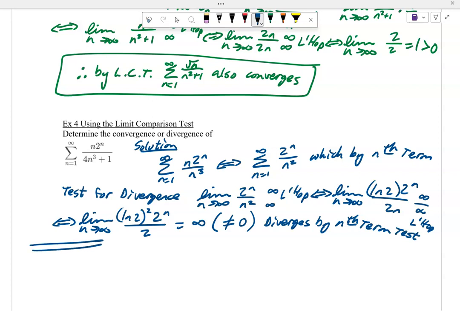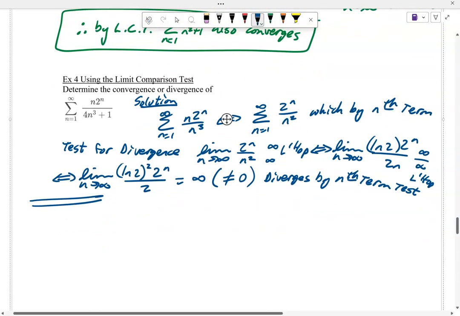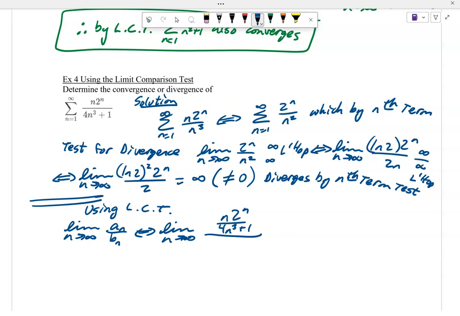Okay, so the one we're comparing it to diverges. So now we're going to go ahead and apply our limit comparison test. So n 2 to the n over 4n cubed plus 1, all over what we're comparing it to, 2 to the n over n squared.